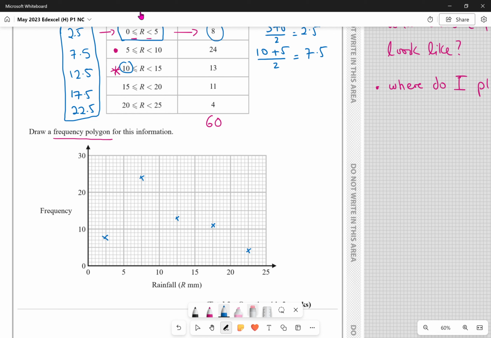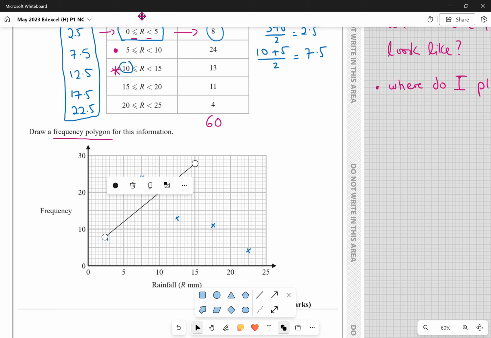And then what you do is frequency polygon is joined together with straight lines. So basically you're just going to draw a straight line between these points and you're going to join them together. So that's going to join that one with that one there.